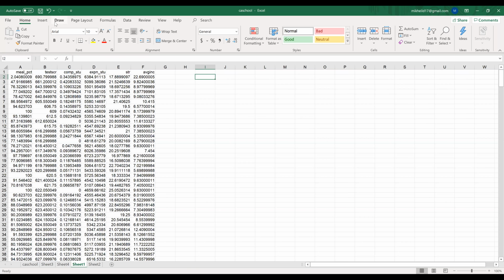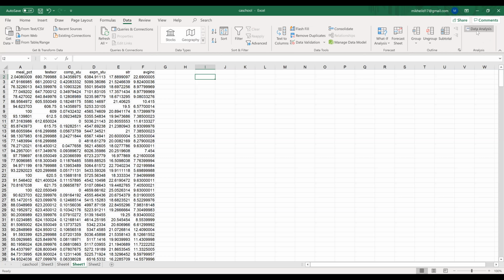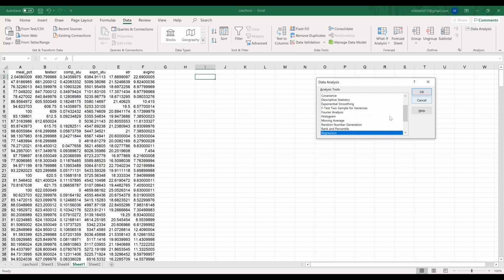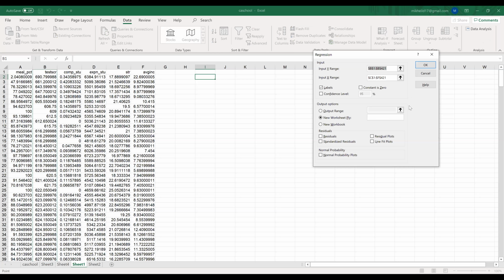So go to the data set that we have. You see my Excel file, right? And then go to data, go to data analysis, select regression. Now the dependent variable is fine, but we have to select the independent variables.